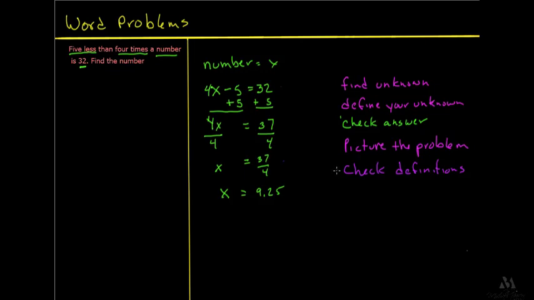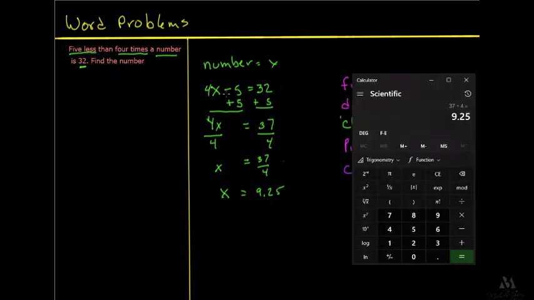If you don't know the definition of the thing that the question is asking you, go look them up. Sometimes it won't matter, but you want to check and make sure that you know what you're actually doing. And then finally, go back and recheck your answer and make sure it's correct. For instance, we haven't done that with this one yet. Let's see if it actually works.